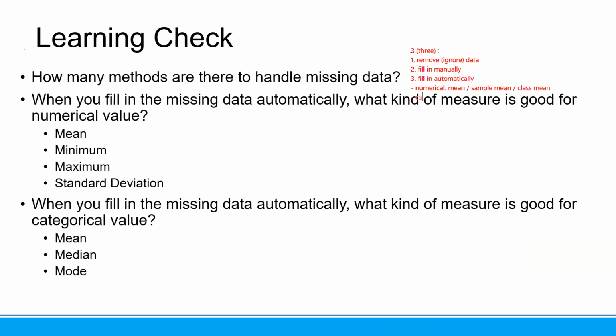If your data is categorical, then you can use mode. Or if it is numerical, you can have the probability. The same with the categorical, you can also have the probability, and so on. Okay.